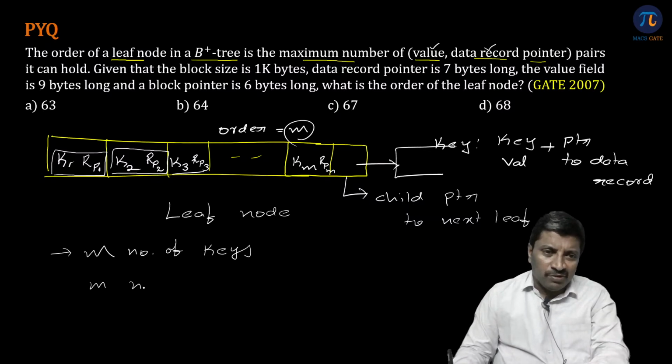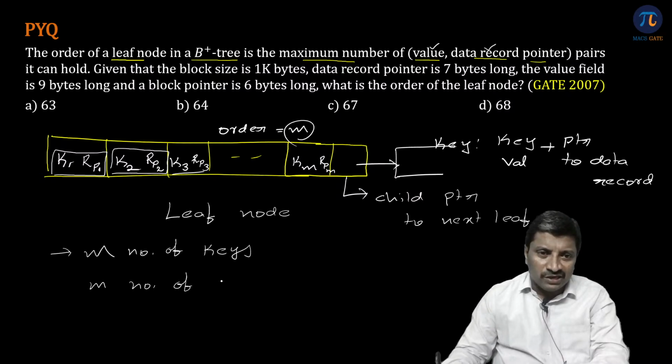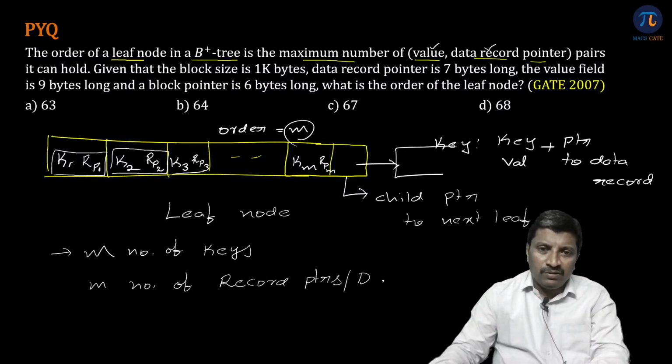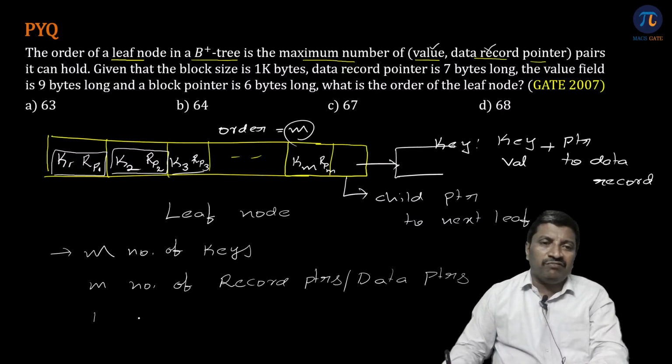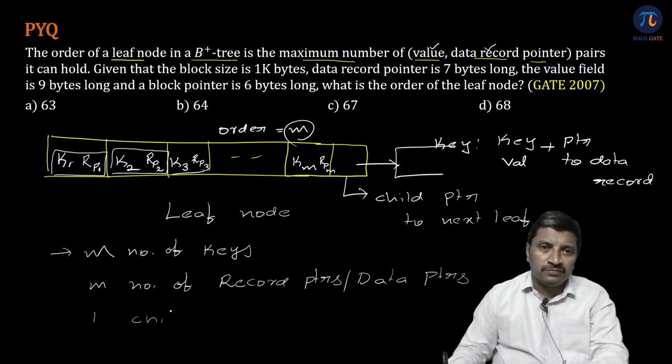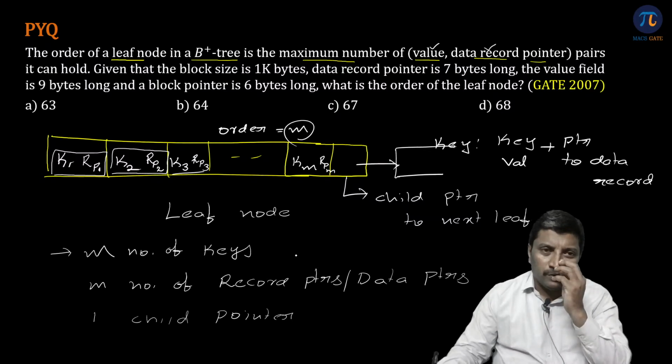Since I have m number of keys, I will have m number of record pointers or data pointers. And I have one child pointer.